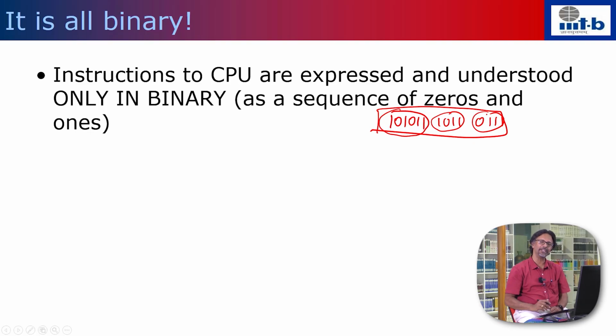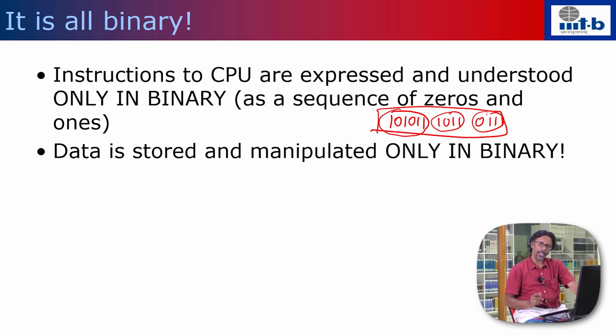And where did we say the data resides? The data resides in the memory, right? So that is the first part that I want to tell you, where it's all binary, okay? And even in the memory, right? So these, the 0, 1, 1011, 0111, whatever it is, right? All of that is also stored in binary in the memory, okay?